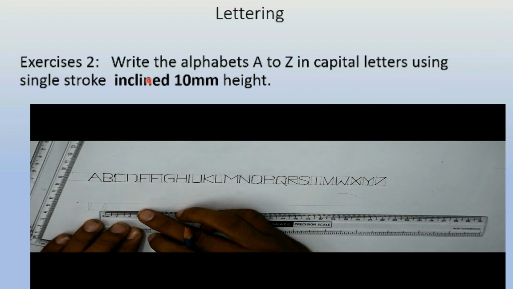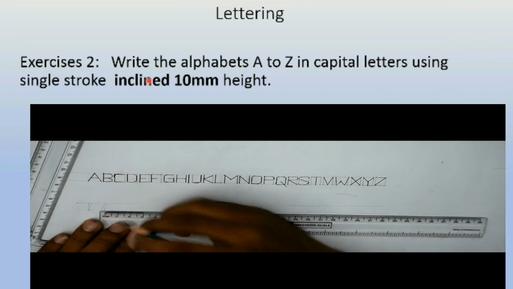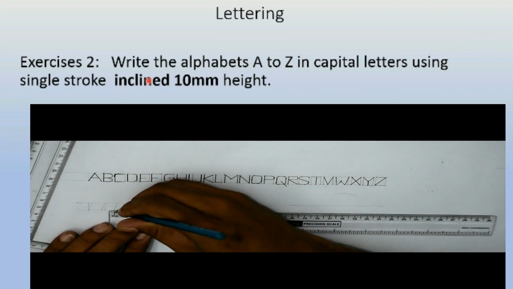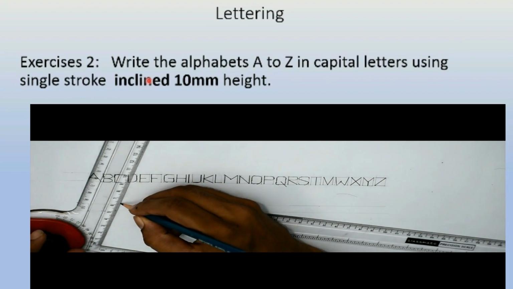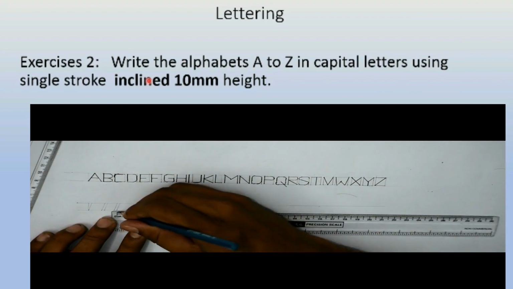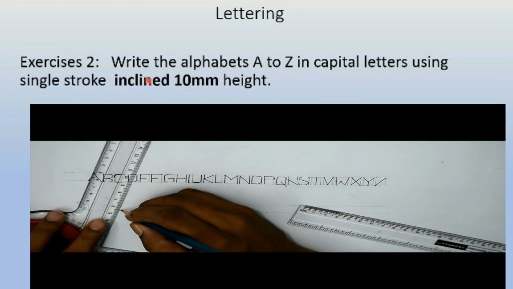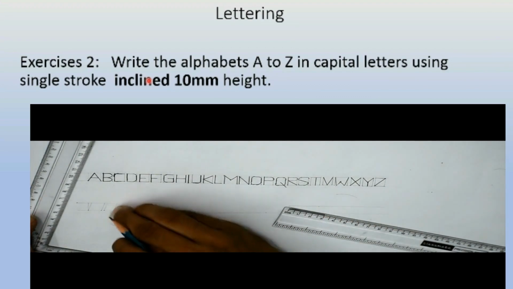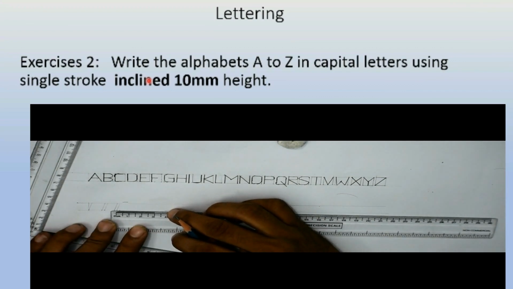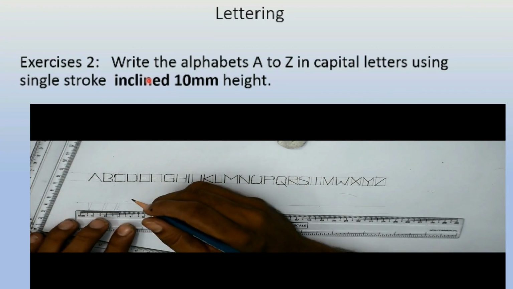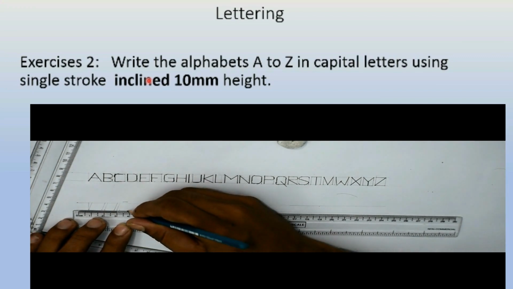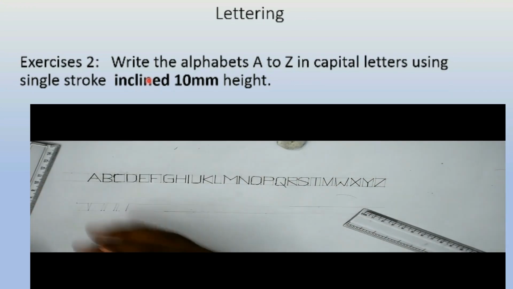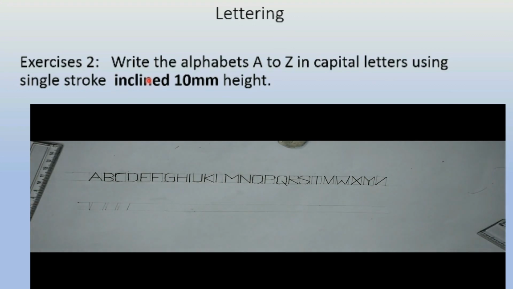So every time I will take, in this fashion we have to take all the lines which are inclined.